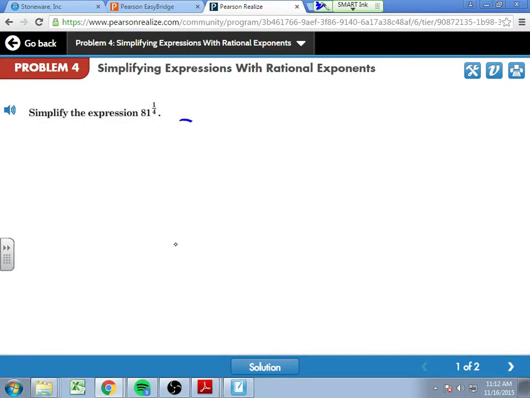So this really tells me this is 81 to the 4th root to the 1st power, because the numerator tells me the power, the denominator tells me the root.